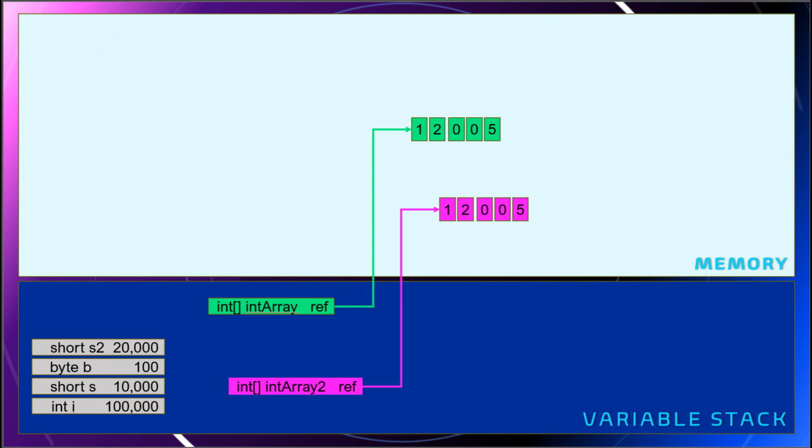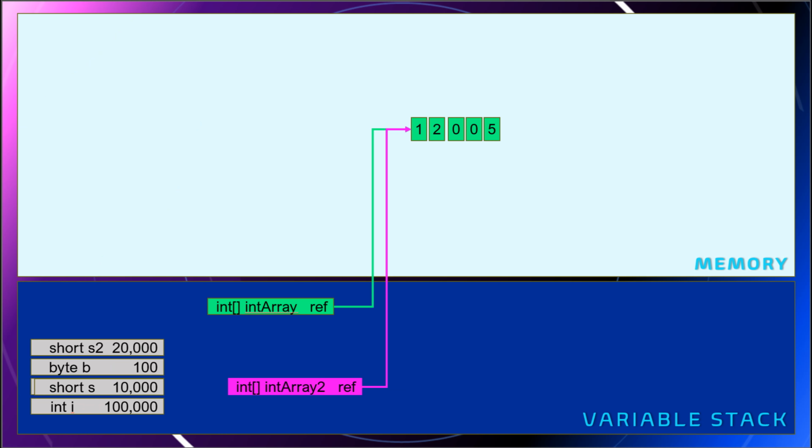But what we didn't realize is that int array2 got its own address, but realistically it was pointing to the same address of the original array types. And this is why they're called reference types. So when we said int array2 is assigned to int array, all we were saying is int array2 needs to reference the same memory location that int array is referencing.